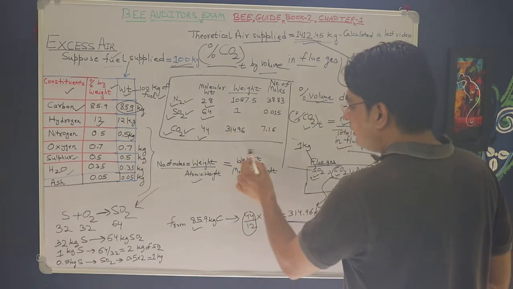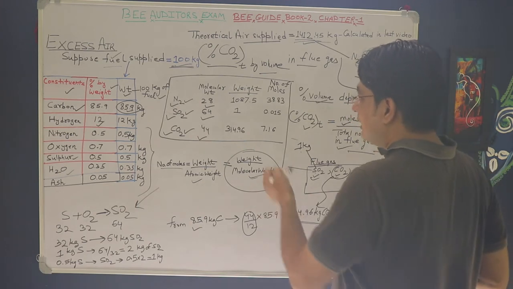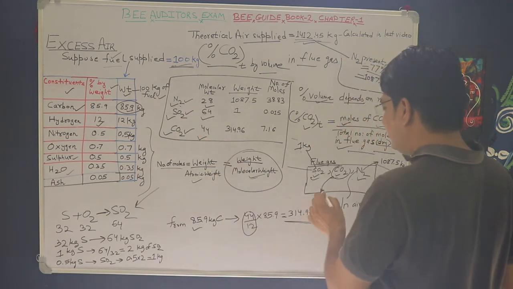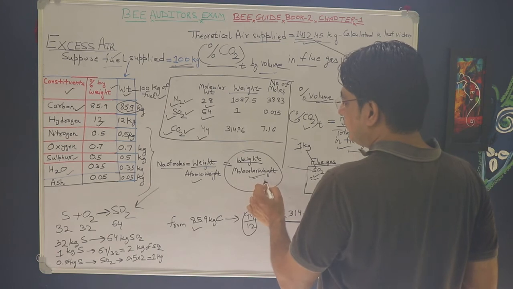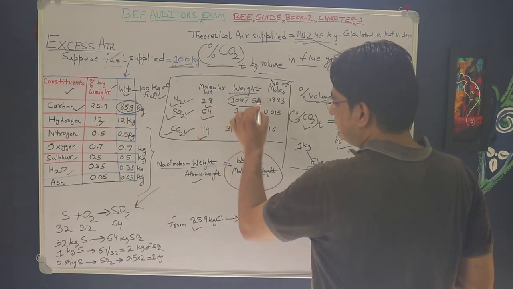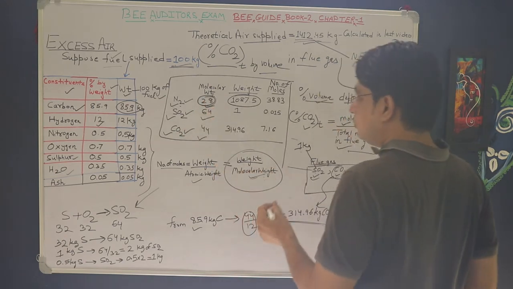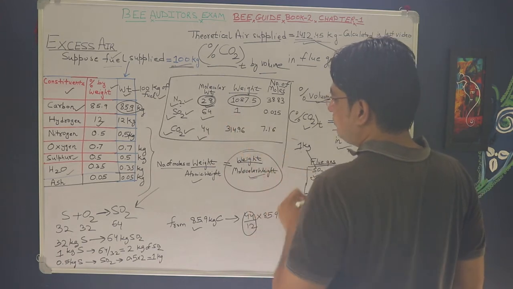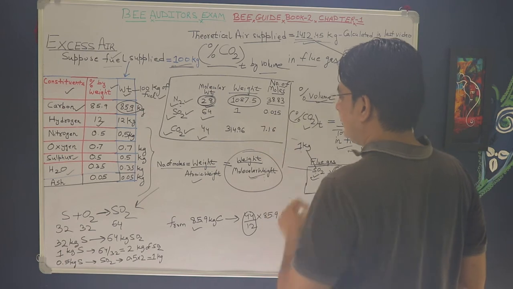Now, using the formula for the number of moles, that is weight divided by molecular weight, I can easily calculate the number of moles of nitrogen present in the flue gas. This is the weight, and this is the molecular weight. So the number of moles of nitrogen will be equal to 1087.5 divided by 28, that will come as 38.83.